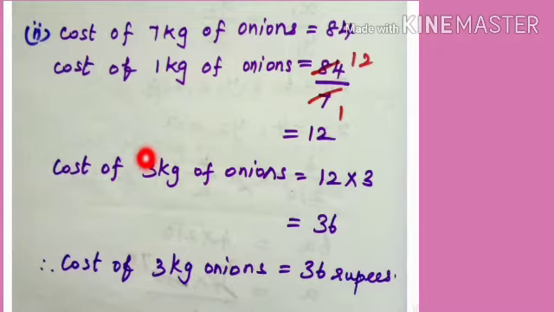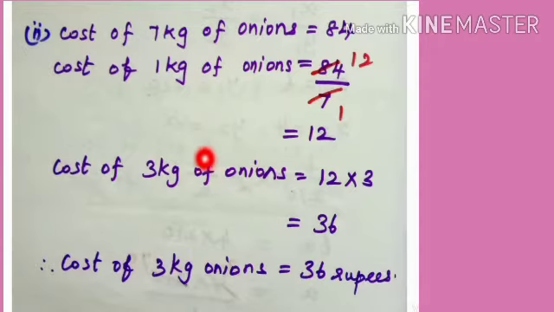So what is the unitary method? We first find the value of one quantity from the value of the given quantity. Then we use this value to find the required quantity.